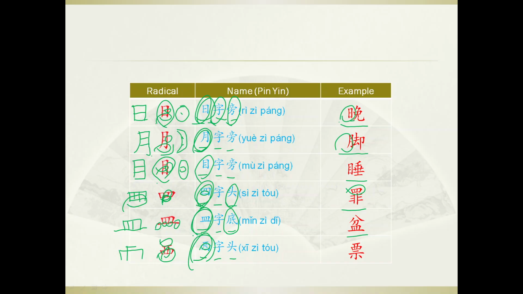Another vertical through about 2/3 position. The third horizontal to close. One word with this radical is piao, ticket.